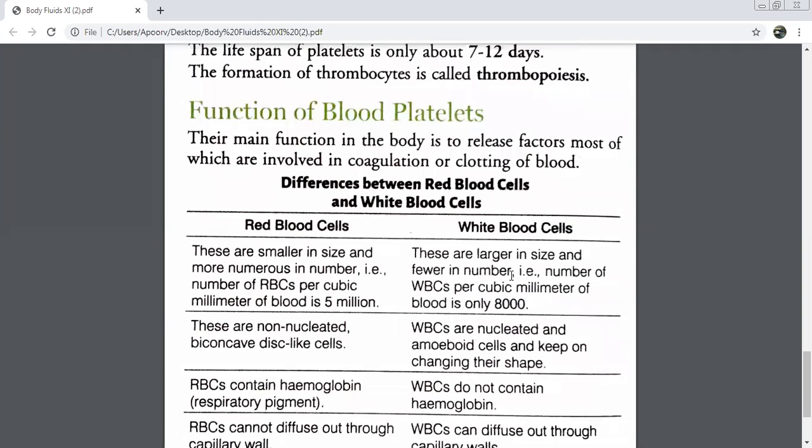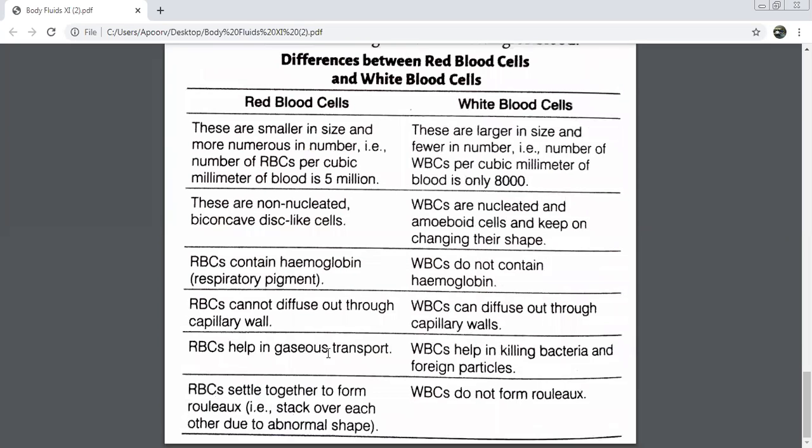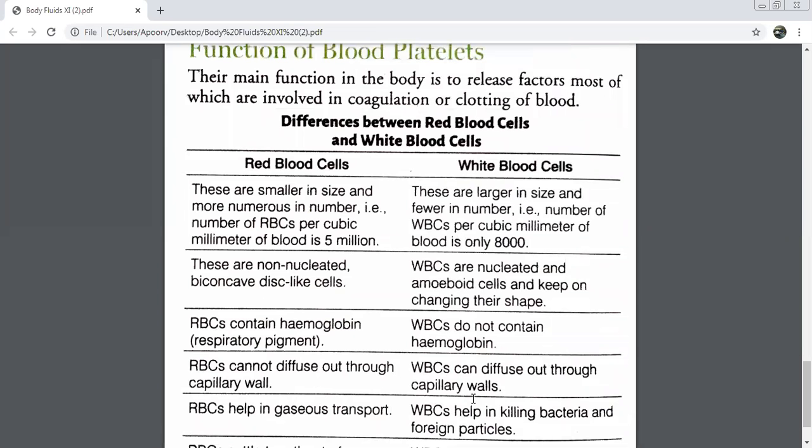So very quickly, we've got the differences in size, number, nucleus, hemoglobin, diffusion through capillary walls, functions, and the property of rouleaux. What is rouleaux? Stacking one over the other in an abnormal manner.